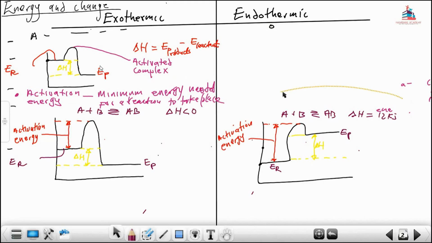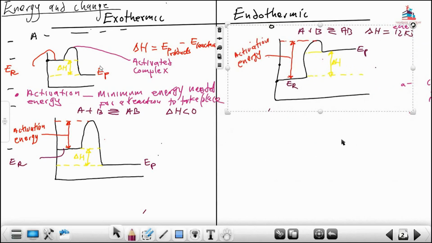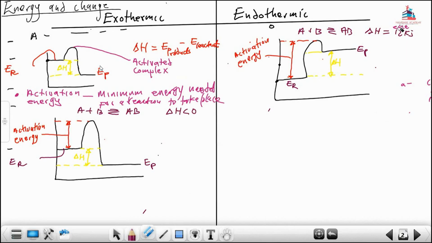So let's select this and move it up a little bit. So that is the information given to us. Delta H is positive, so it's greater than 0.